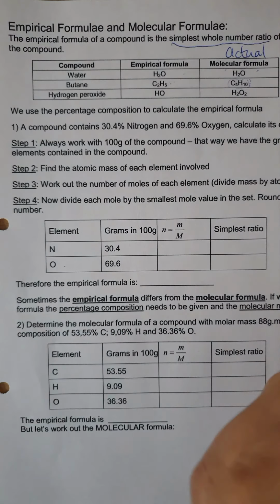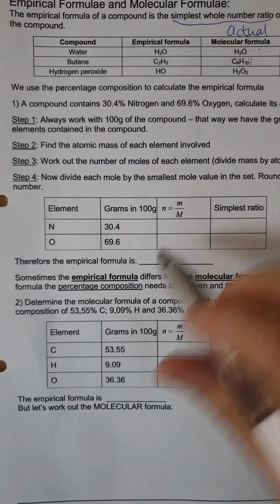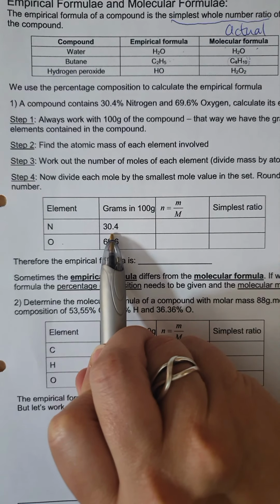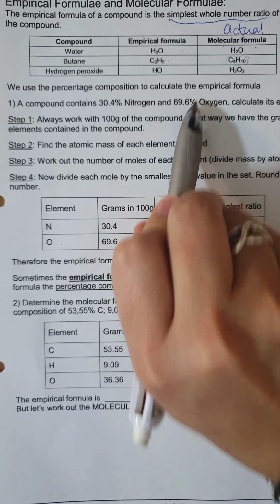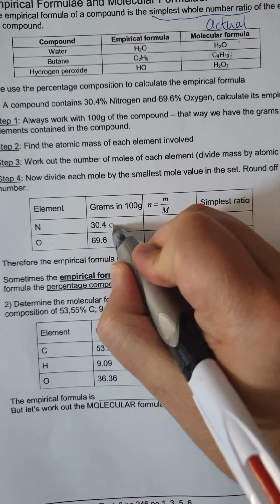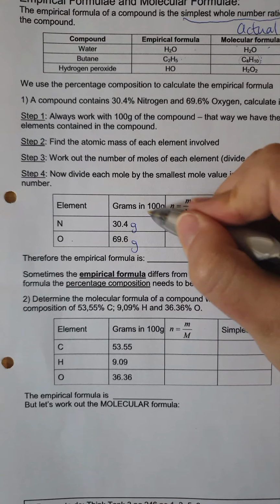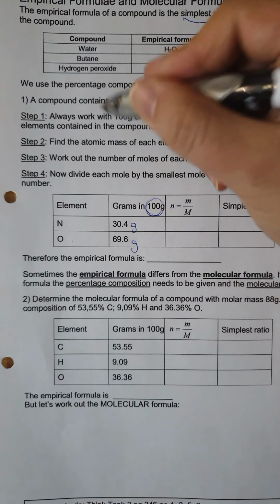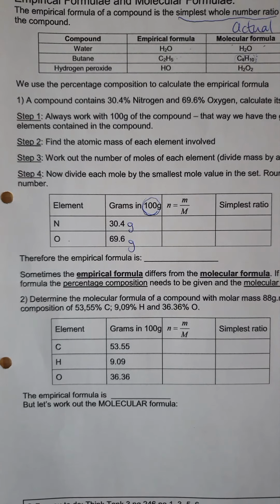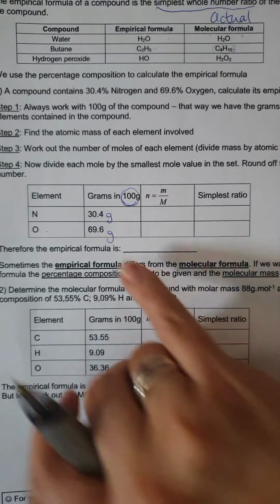So if I'm presuming I have 100 grams, which you can always do, that means I can convert those percentages to masses. Okay, so this is actually going to be grams of each of those elements if I considered 100 grams of the compound I was given. Make sense?